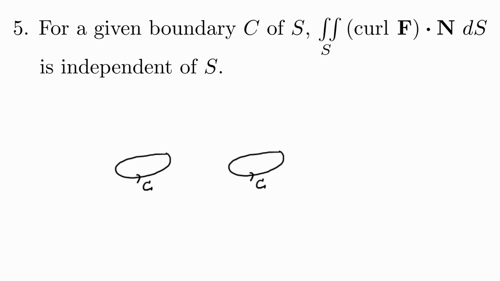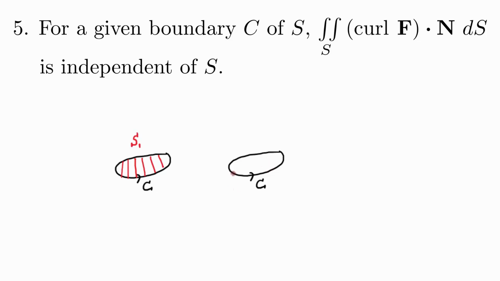But let's say, for the sake of argument, that for our first surface, we just make it the flat plane segment. By the way, it can be a flat plane segment if the curve is flat, but the curve doesn't have to be flat. That's just the way I'm drawing it.